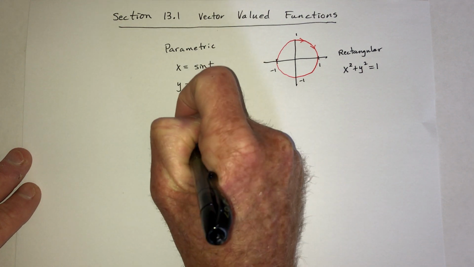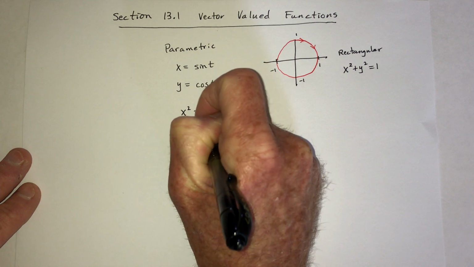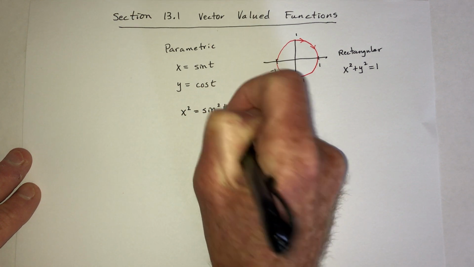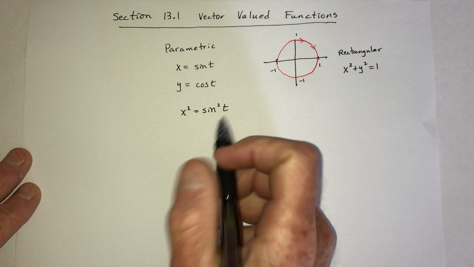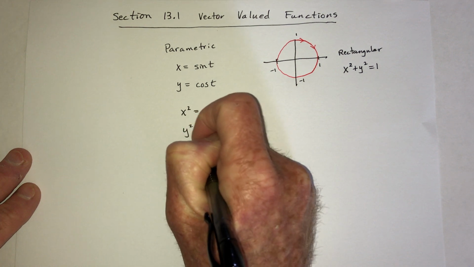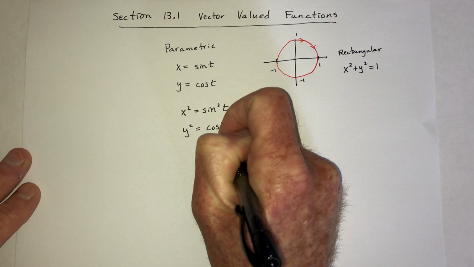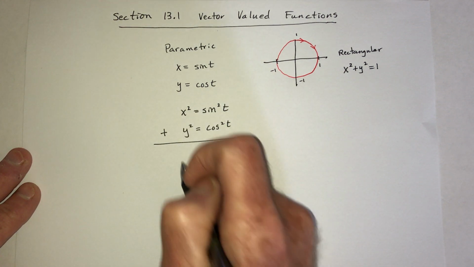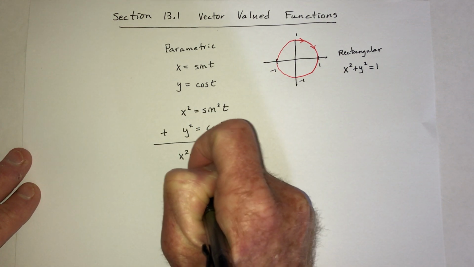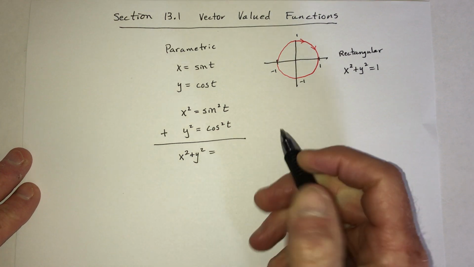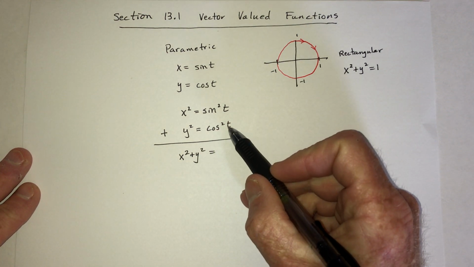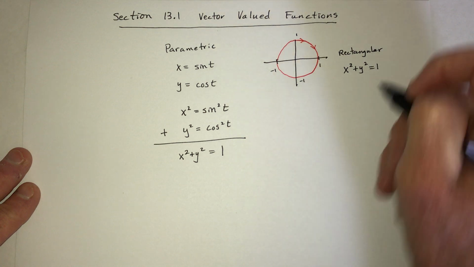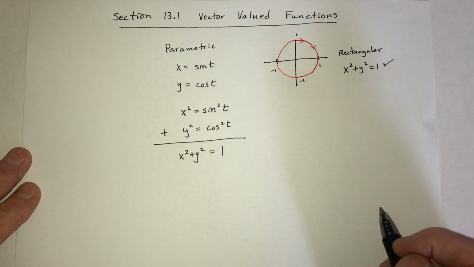That would say x squared equals sine squared. For this one, square both sides: y squared equals cosine squared. And then add those up. On the left side, it's going to give us x squared plus y squared. On the right side is sine squared plus cosine squared, which equals 1. So there it is in rectangular coordinates.